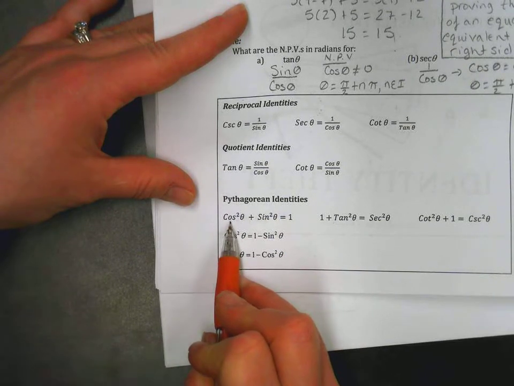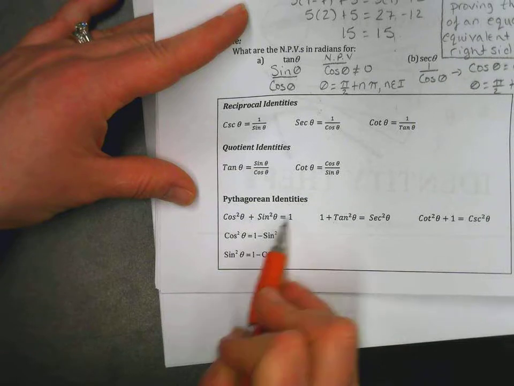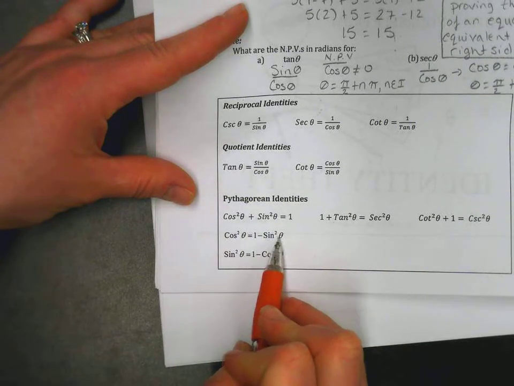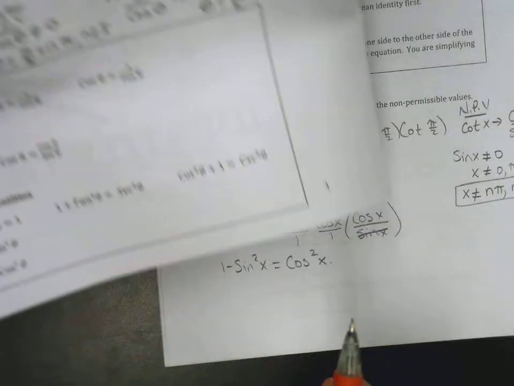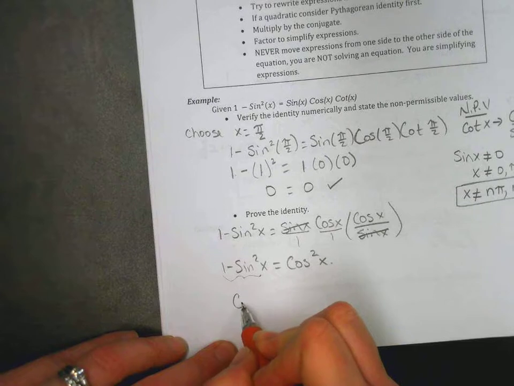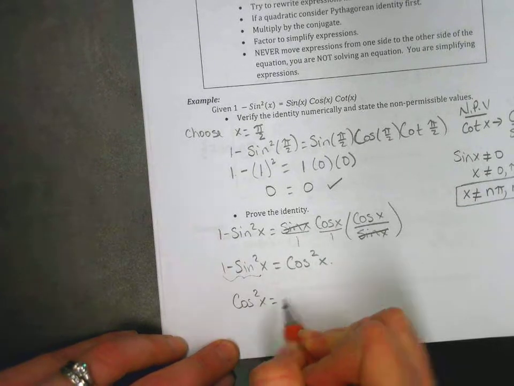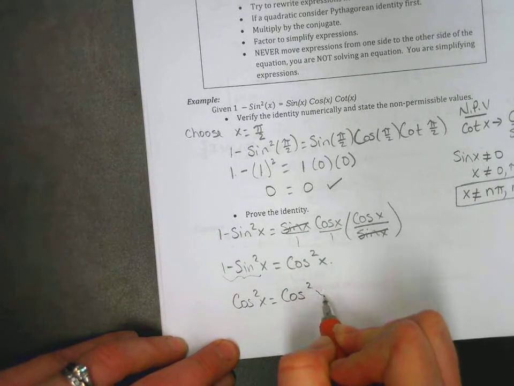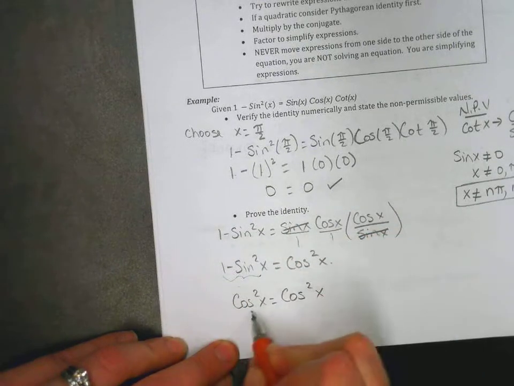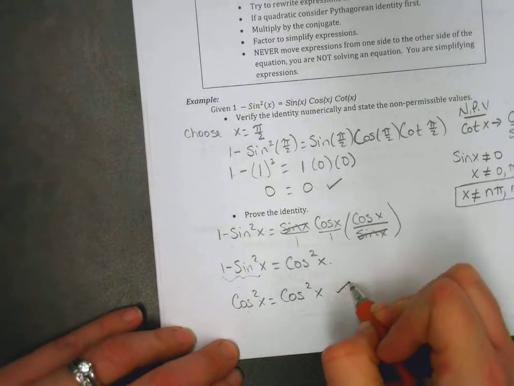So if I solve for cos squared theta by moving sine squared theta to the other side, cos squared theta is equivalent to 1 minus sine squared theta. So that's what I'm going to replace here. 1 minus sine squared x is actually equivalent to cos squared x. And so now that I've proven that my left side and my right side are equivalent, I am done.